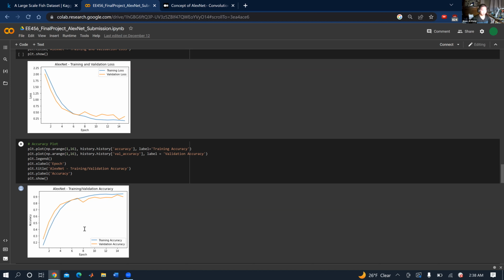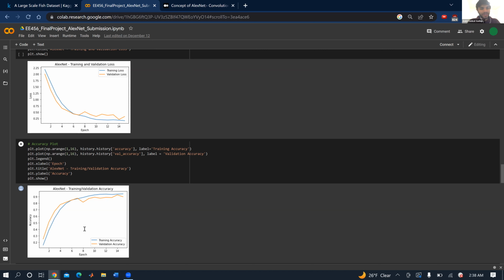More interesting is that in the first few epochs, the validation accuracy is higher than the training accuracy, and this might be because of the dropouts. We turn off some of the neurons to avoid overfitting, and eventually we turn them back on to get a more robust network. And now let's go to the confusion matrix.